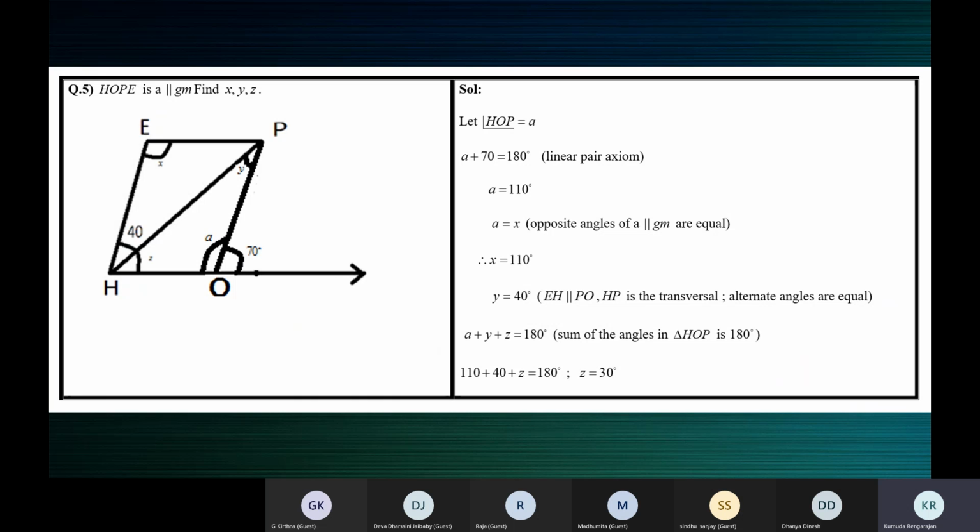There are other ways of doing it, children. So you can just have a look. I might have worked it in a different way here. Just go through the slide.